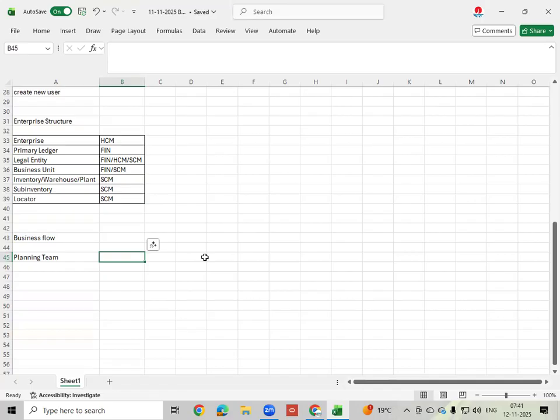Right. So demand has actually two types, right? One is forecasting demand, and the second is actual demand. Forecasting demand and actual demand. So forecasting demand is expected. It's not real demand.